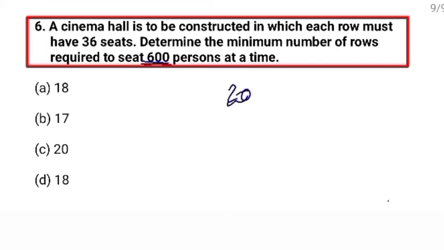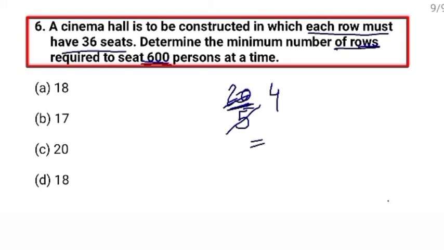Here they have given total persons. We are taking total chocolates 20, and in each box, here they have given each row. Now in each box you can keep 5 chocolates. So you can find the number of boxes. 5 fours are 20. Clear?